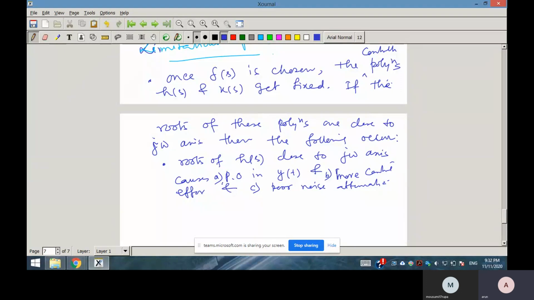High peak overshoot in y(t), more control effort, and poor noise attenuation. This is one. And roots of KS close to the j omega axis, what will it cause?